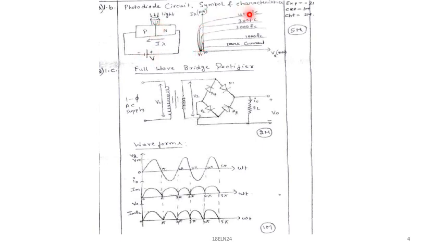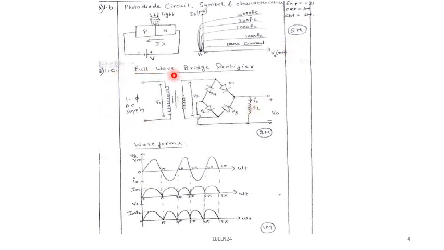Then the characteristics. Your initial explanation is 2 marks, then the circuit 1 mark, then characteristics 2 marks. You explain what happens in the photodiode and explain this circuit. So in total it is 5 marks.